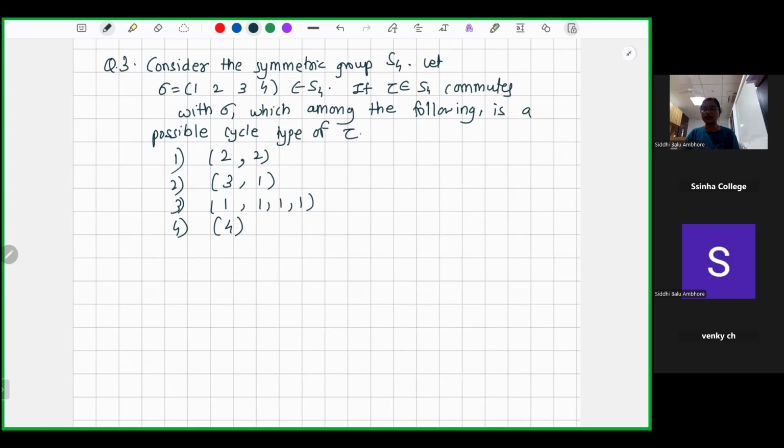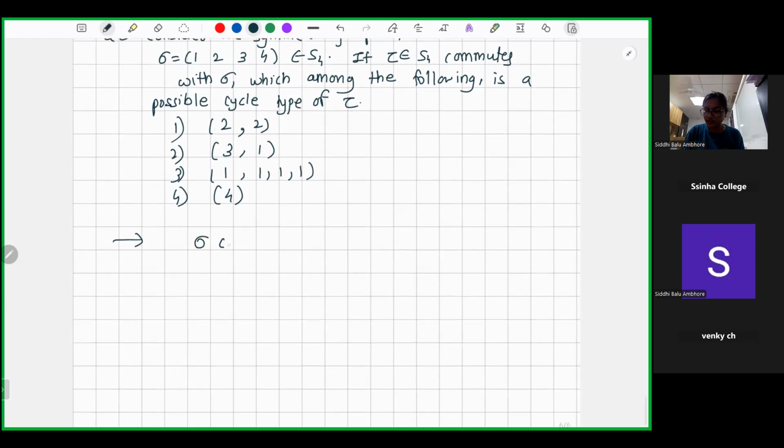When we are saying that sigma commutes with tau, note that since we want to find the type of tau, this implies that sigma tau is equal to tau sigma, right? So this implies that tau sigma tau inverse is sigma.